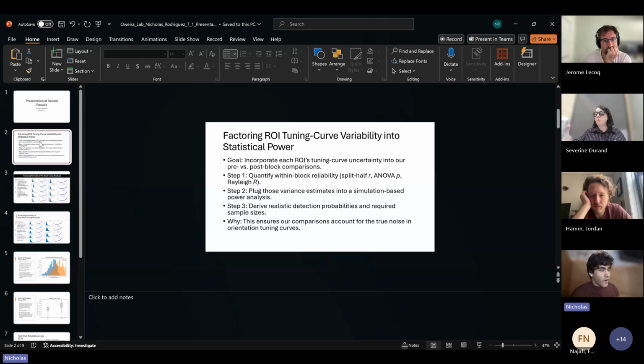Because when I performed that analysis, in a very ad hoc way, I simply filtered out those ROIs that did not exhibit clear orientation tuning, that did not seem to clearly prefer one angle or multiple angles.